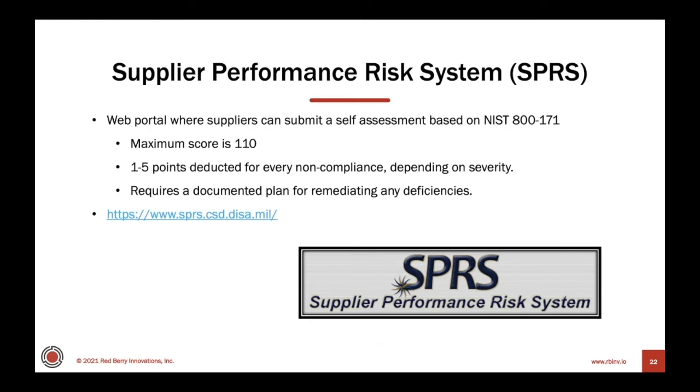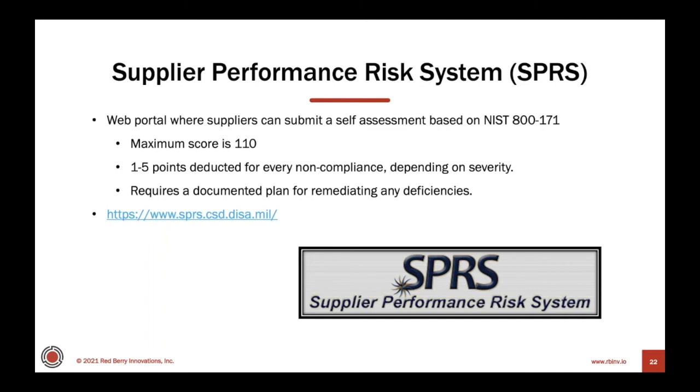The Supplier Performance Risk System, or SPRS, is a web portal where suppliers can submit a self-assessment based upon NIST 800-171. A maximum score of 110 is obtained, and 1 to 5 points are deducted for every area of noncompliance depending on the severity.